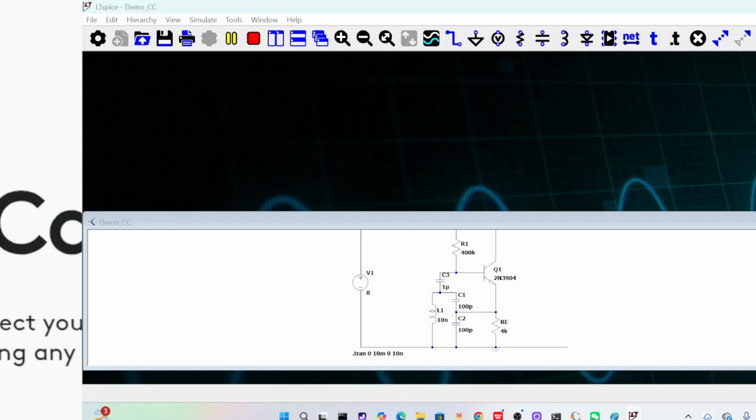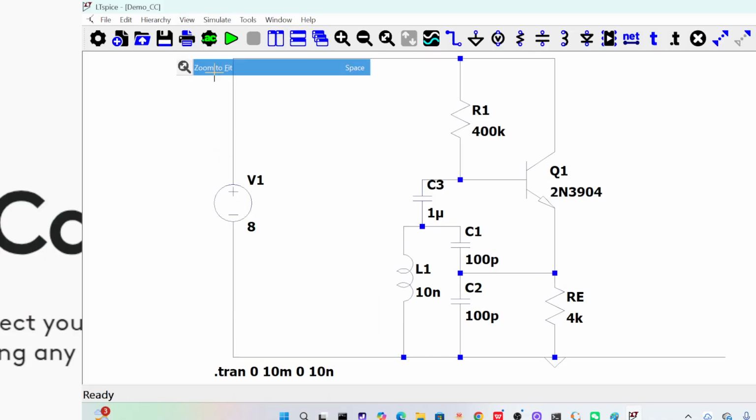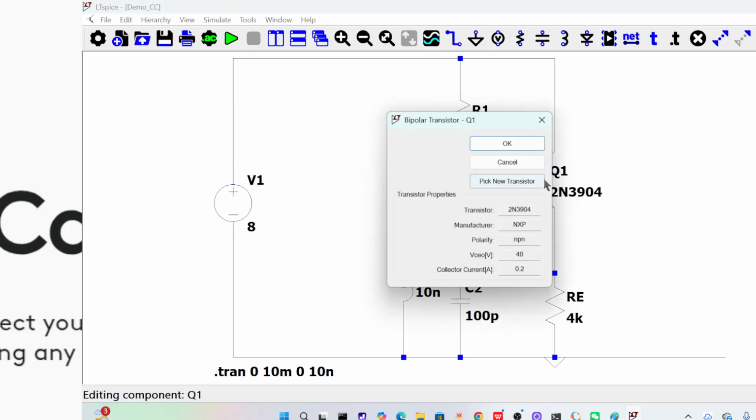So my suggestion here is there are many things you can do to improve the circuit. First, you can replace this transistor. One of the reasons why it doesn't work well is we are operating at a frequency beyond the available bandwidth of this transistor. So we need to pick another, better transistor that operates at a much higher frequency.